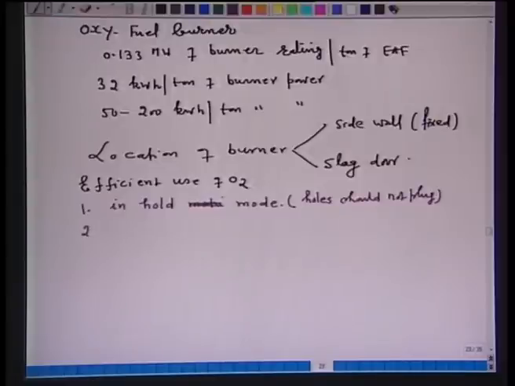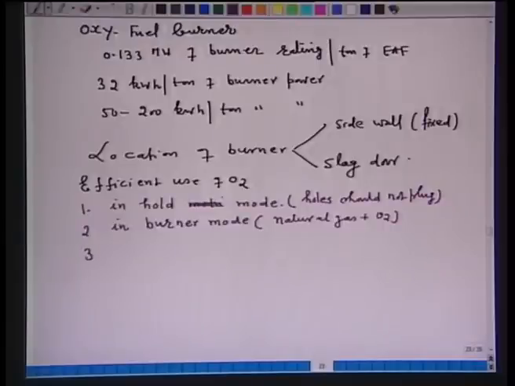Second, in burner mode, that means I should be able to inject natural gas plus oxygen to create a flame during the meltdown period.